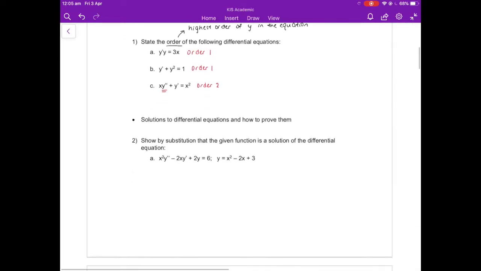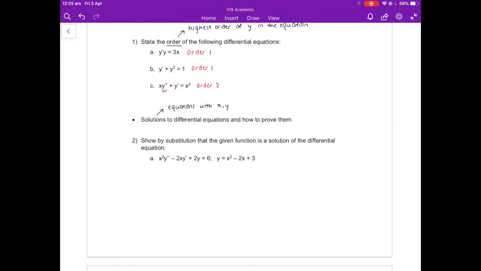So then, looking at solutions to differential equations and how we can prove them. The solutions to differential equations are usually equations with x and y. So they are sort of like functions. So it's not always going to be a number or a constant. It can be an equation.